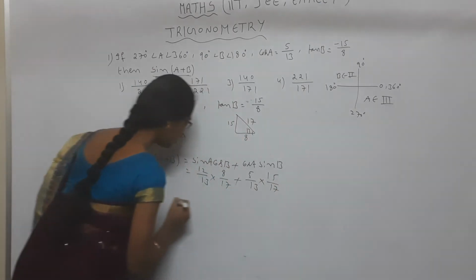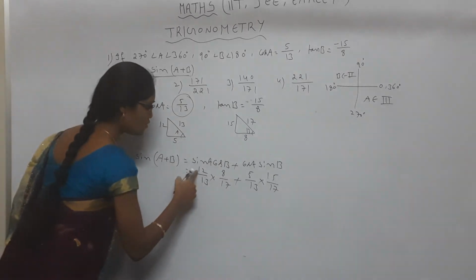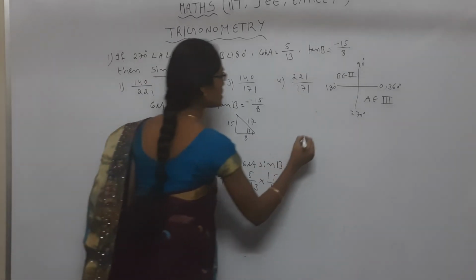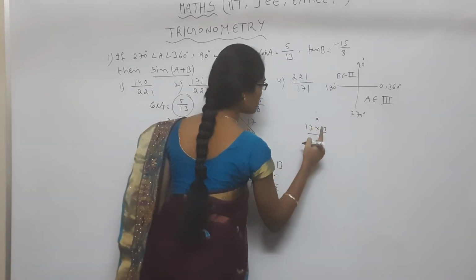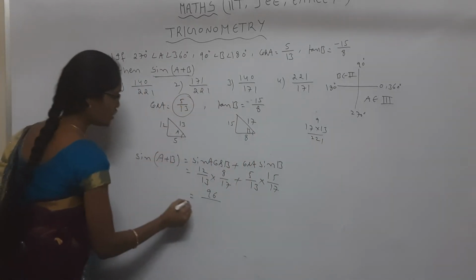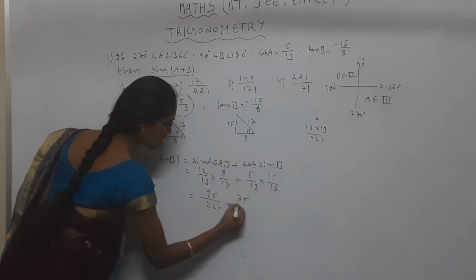15 by 17, that is equal to, see here, 12 8s are 96, 17 into 13, 221, plus 15 5s are 75.